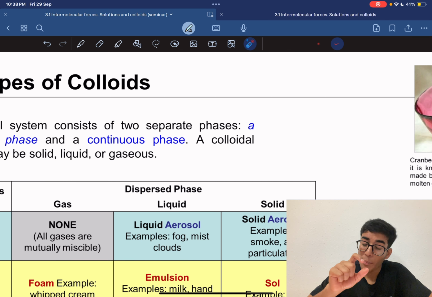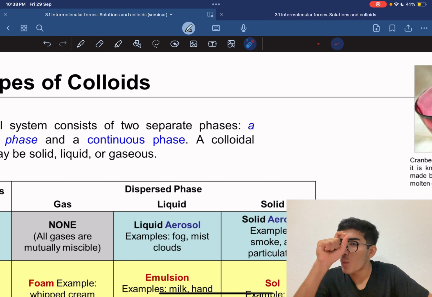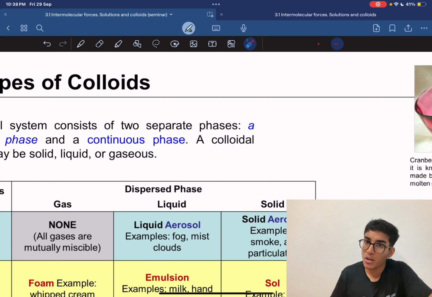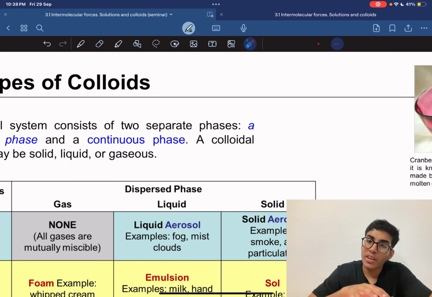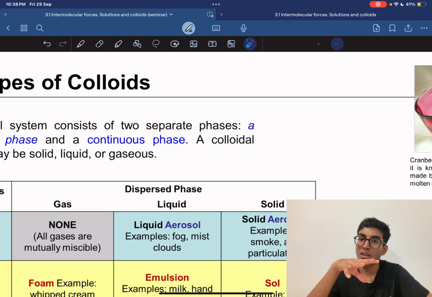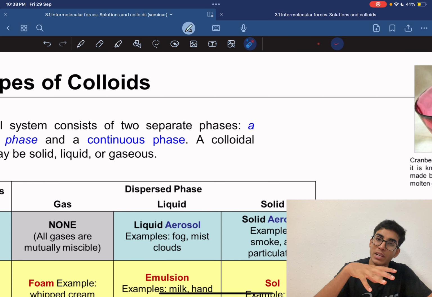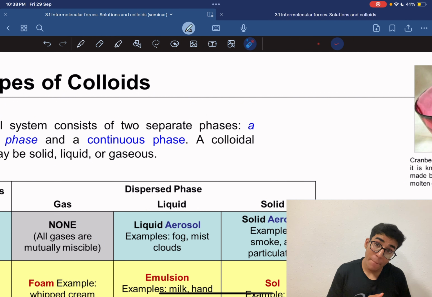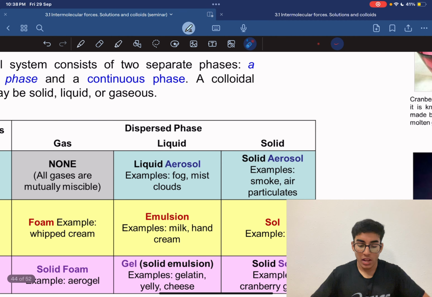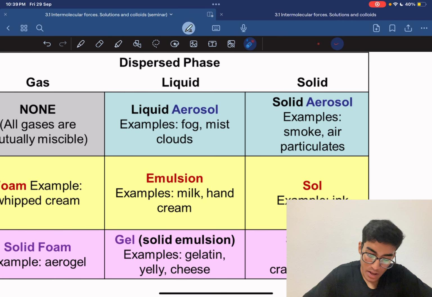But in a fog, they're just big enough that gravity doesn't pull them to the ground as rain, but not small enough to be unseen by the naked eye. That's what forms fog. Fog is a colloid. What is the dispersed material? Water is the dispersed material, dispersed among the air particles. And the dispersion medium is air.